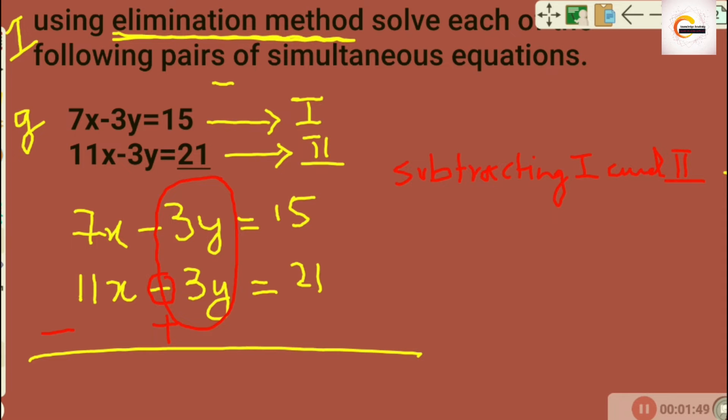And here it was positive, now it's negative. Positive and negative cancel, so we have eliminated the y variable. Now 7 minus 11 gives minus 4x, which is equal to minus 6.